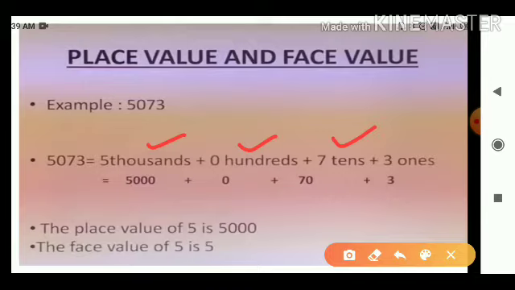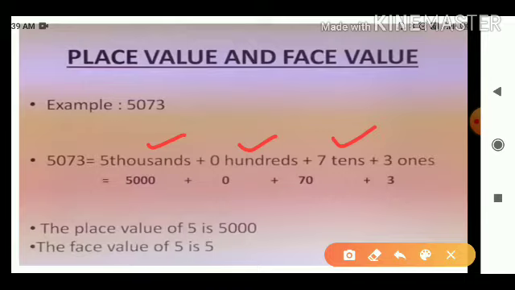So, 5000 plus 0 plus 70 plus 3 gives the expanded form of the number. The place value of 5 here is 5000. The face value of 5 is 5 only, the same number.